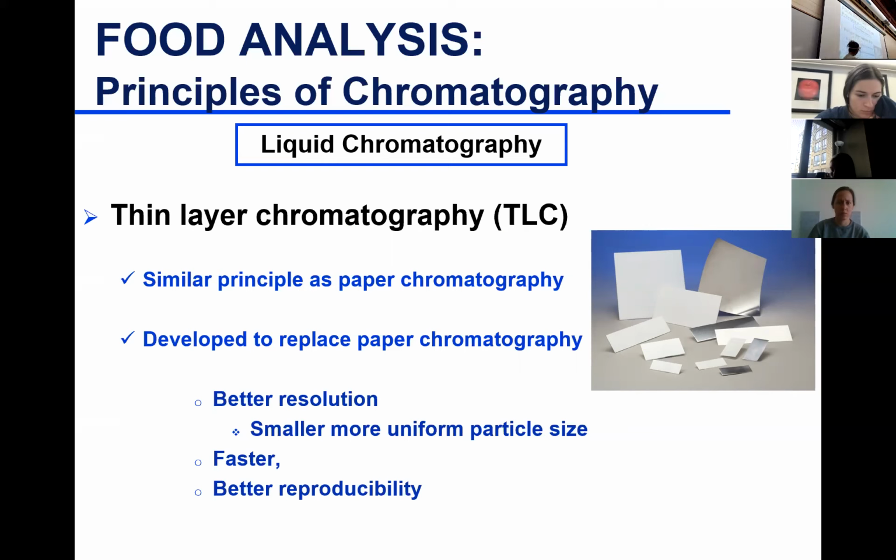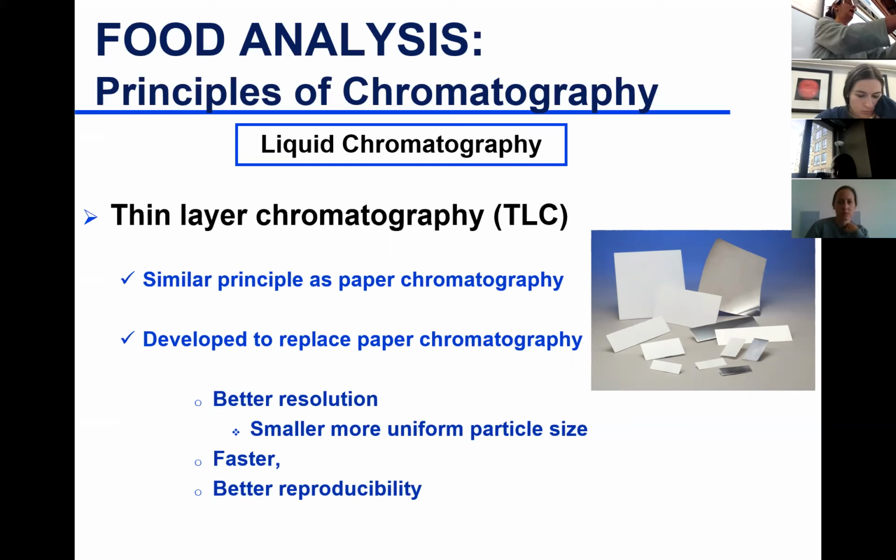So we get better resolution. Now you're going to say, what does resolution mean? Resolution means separation, basically. So your components are separated better. That's simply what resolution is. They're resolved better or separated better. You're going to hear these terms, and especially this term is going to be used when we talk about chromatographic peaks and resolution of two chromatographic peaks from each other.